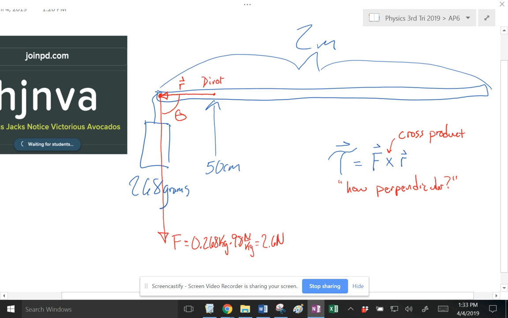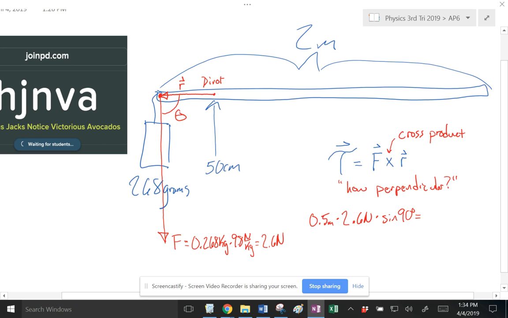They're very perpendicular, okay? So algebraically, what's going to go into my calculator here is I'm going to take 2.6 newtons. I'm going to write it in a different order. I'm going to take the position vector, which is 0.5 meters, times 2.6 newtons, times the sine of 90 degrees, okay?